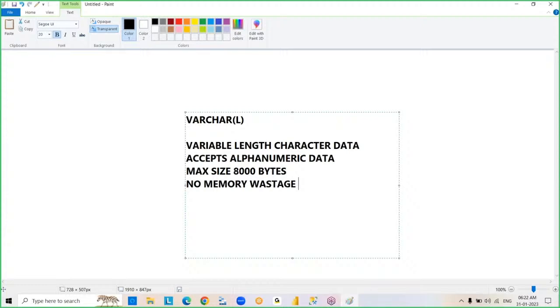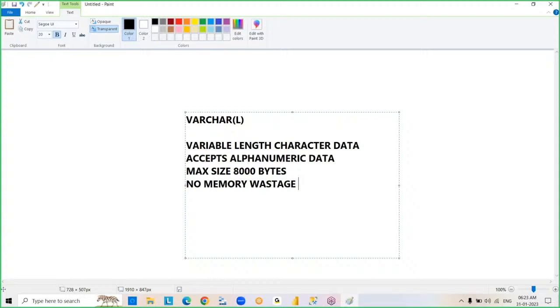So because of that reason only, in maximum scenarios when we are working with this data type, no memory wastage will be there. That's why for character data storage purposes we mostly use the varchar data type. Okay. But remember, if you're going for char or varchar, you can store only 8000 maximum.